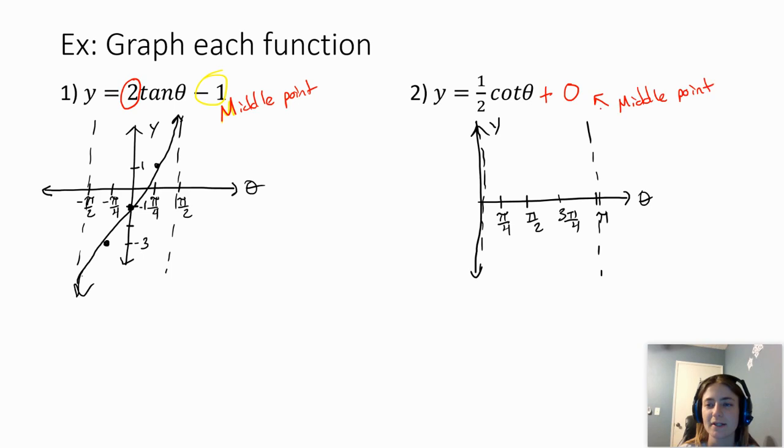If we don't see a constant added or subtracted, then we know that k is going to be 0. So we're not shifting it up or down by anything. So at pi over 2, we're still going to be at y equals 0. And then for the other 2 points, we're going to go up by 1/2 and down by 1/2.